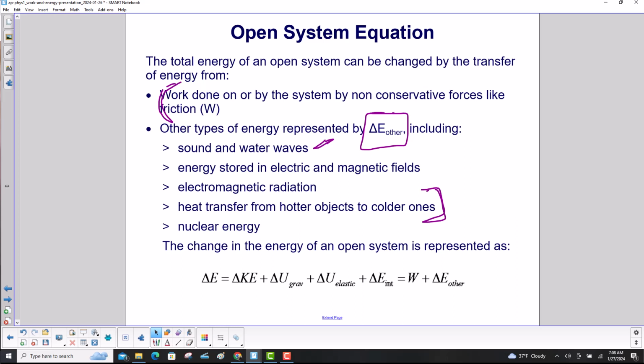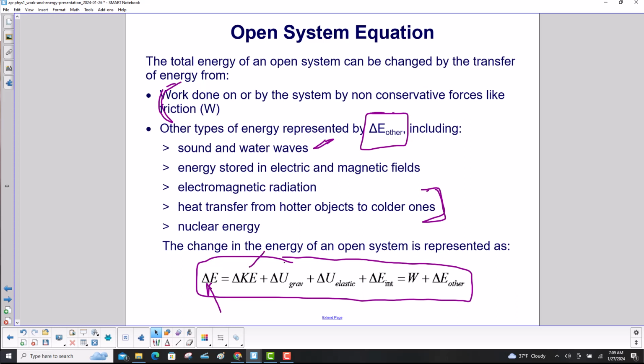The change in the energy of an open system, then, is this formula here. There's a lot of things on this line, but we took the previous equation for energy and just added a change here. So kinetic energy can change, gravitational potential, elastic potential energy can change, and the internal energy can change. That's going to equal work plus the sum of all these changes.